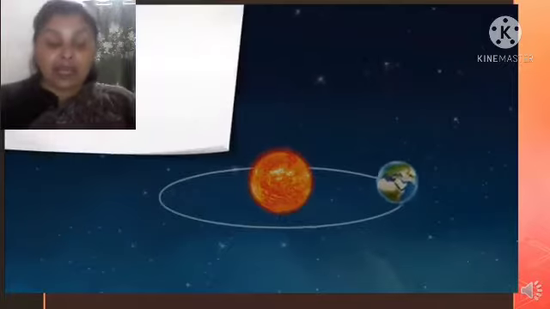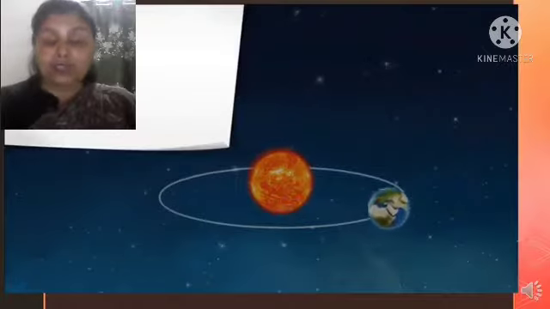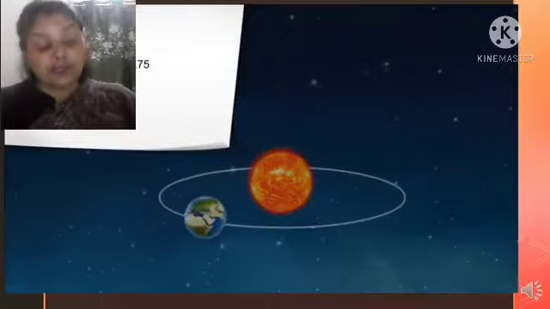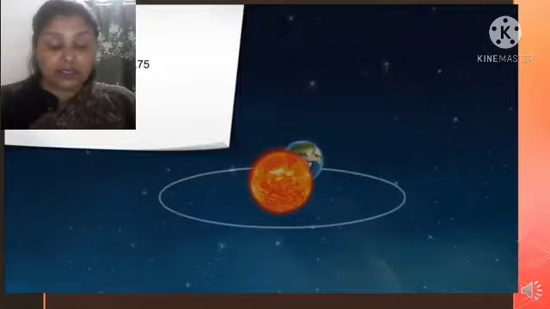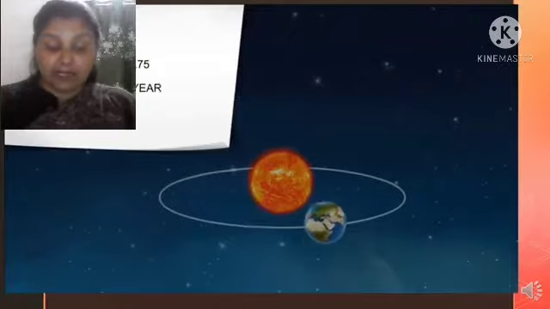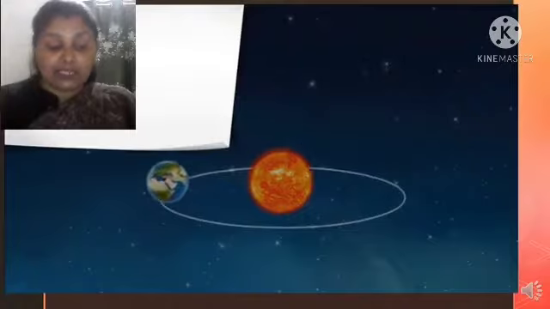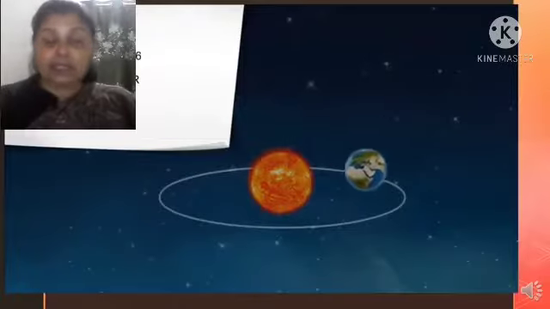And the Earth's axis is an imaginary line that runs directly through the center of the Earth, from the North Pole to the South Pole. Even though we cannot feel the Earth spinning, it makes one complete turn each day around its own axis. The Earth's axis is tilted.